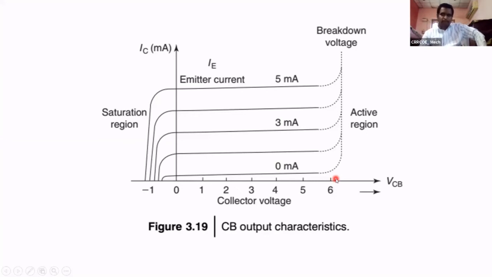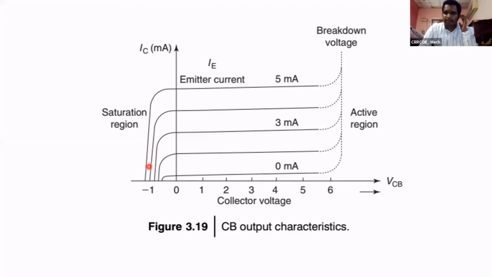You know that in cutoff region there is no flow of collector current. In cutoff region both junctions are reverse biased, so there is no flow of current. This narrow region is called cutoff region. Now we see the saturation region. If you apply negative VCB, the collector current immediately decreases.